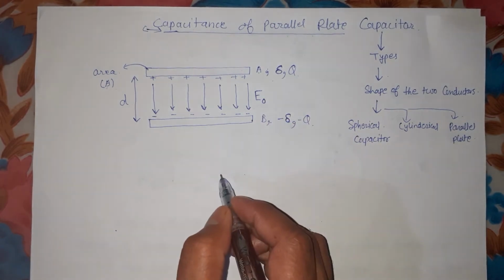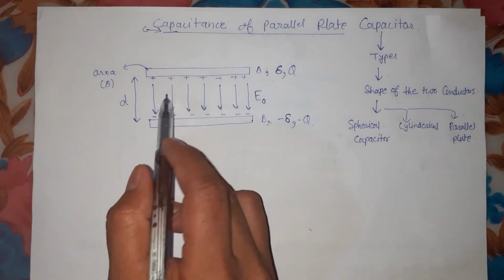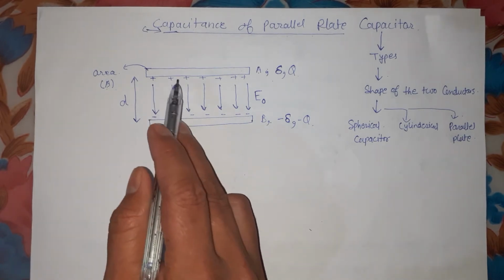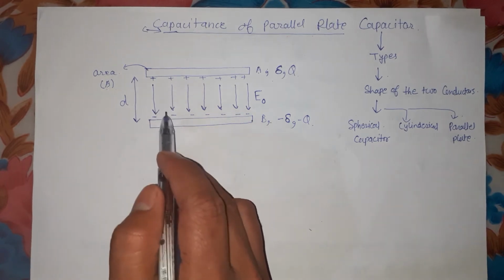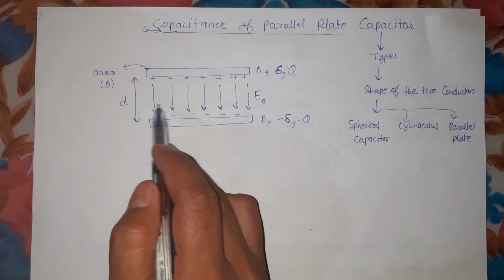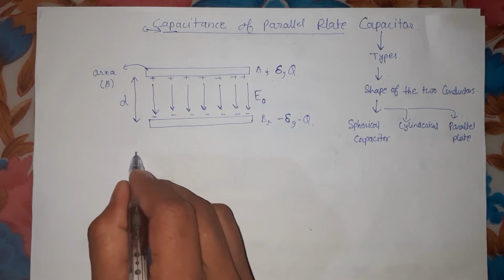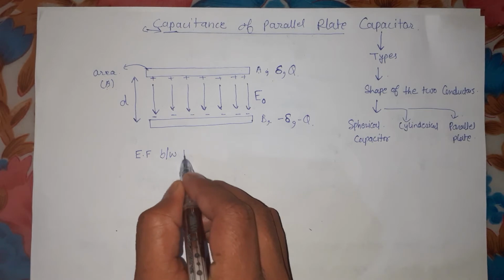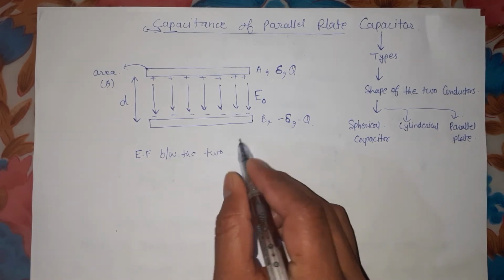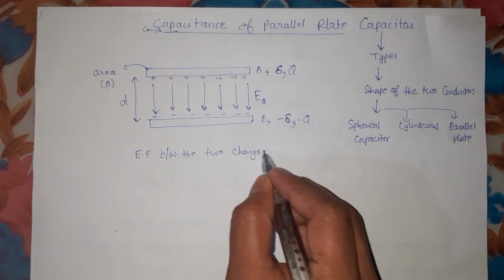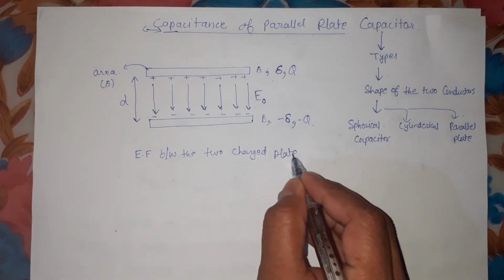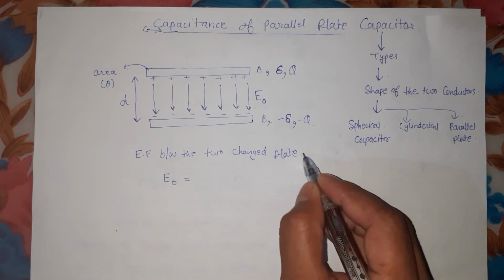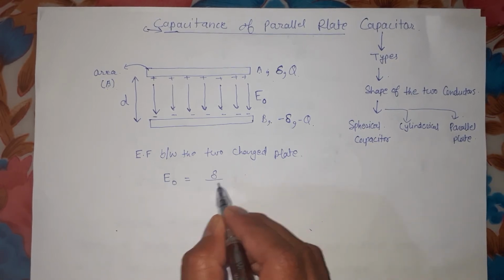Let us take this electric field, which I suppose is E naught. Now, student, in Gauss law we derived an expression for how much the electric field is between two equal and opposite charged plates. The electric field between the two charged plates is sigma by epsilon naught.